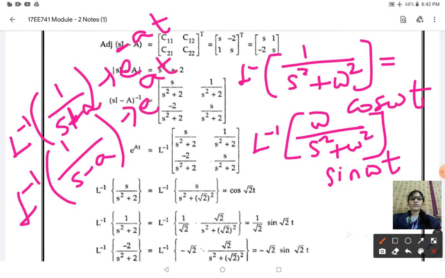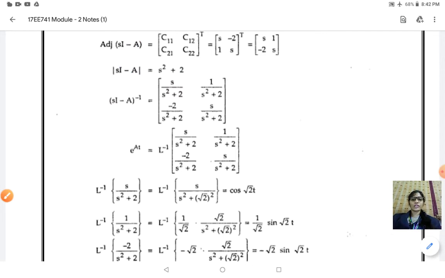And the other two formulas with respect to trigonometric functions are Laplace inverse of 1 by s square plus omega square is going to be cos omega t, and Laplace inverse of omega divided by s square plus omega square is going to be sin omega t. These two formulas you are not supposed to forget.